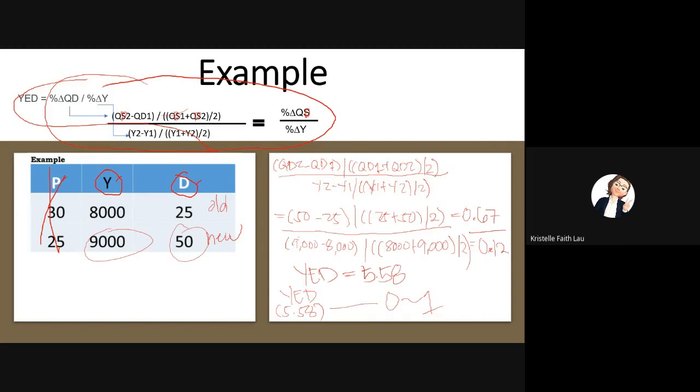Pero if the YED is greater than 1, it is interpreted as luxury goods. This occurs when an increase in income causes a bigger percentage increase in demand. In this case, our YED is 5.58, so greater siya sa 1.